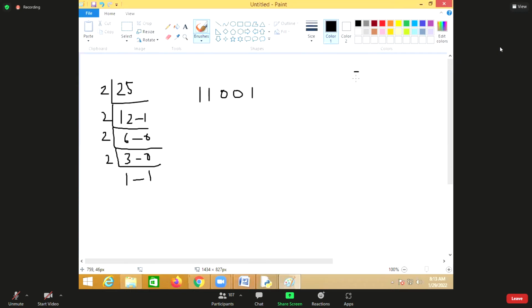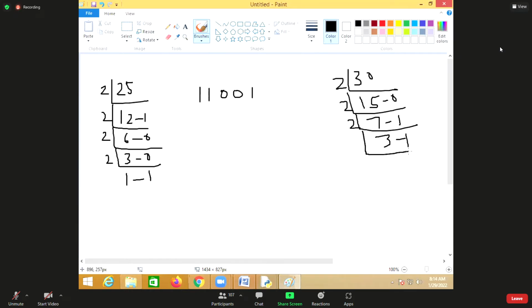So this is the P value, and what is the Q value? 30. So convert this 30 into binary. How many times here? 15 times, and remainder is 0. And this is 7, and remainder is 1. And this is 3, and remainder is 1. And this is 1, and remainder is 1.